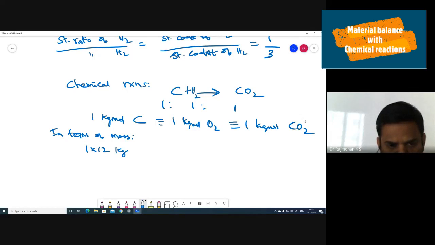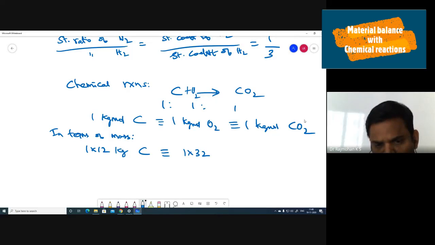So we get 12 kg of carbon reacts with 1 into 32 kg of oxygen. CO2 how much? 32 plus 12, 44. So we have 44 kg of CO2.